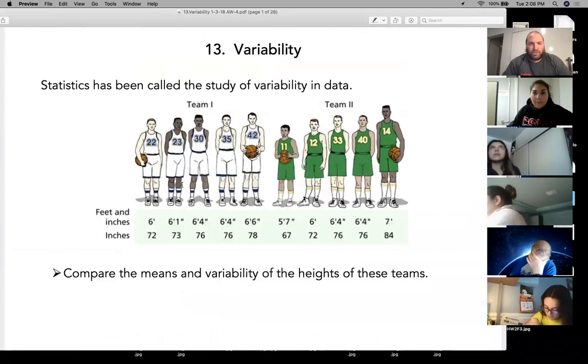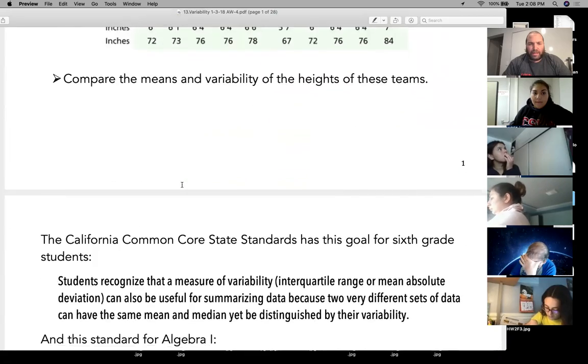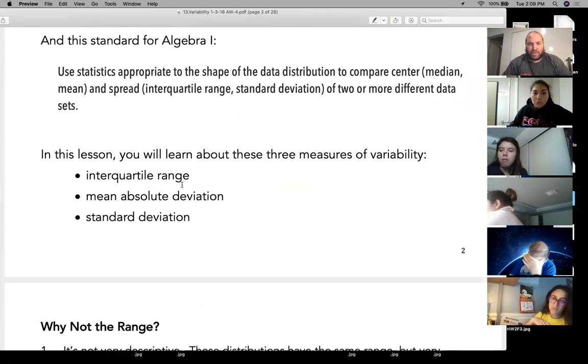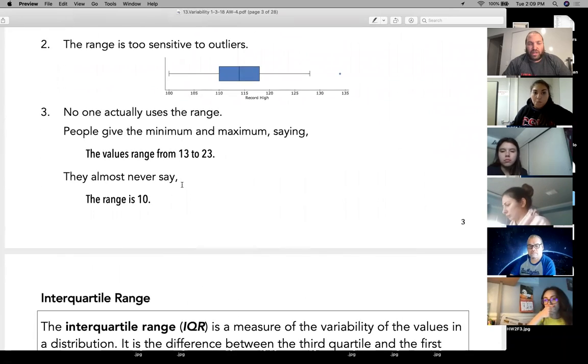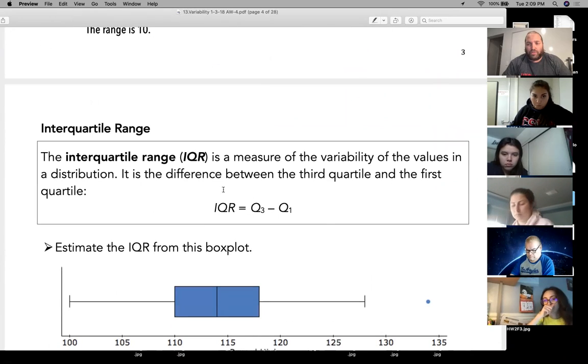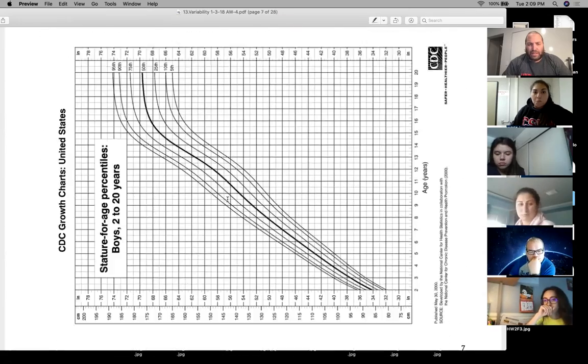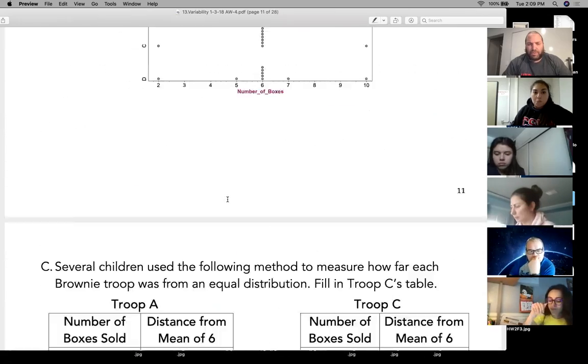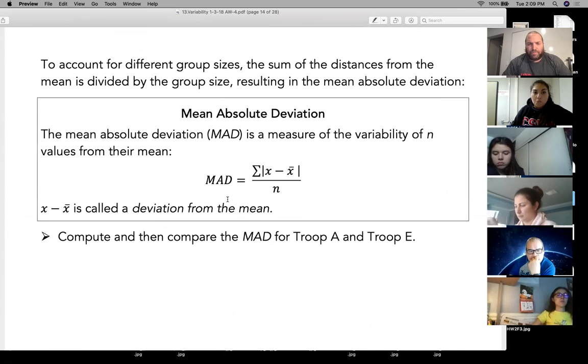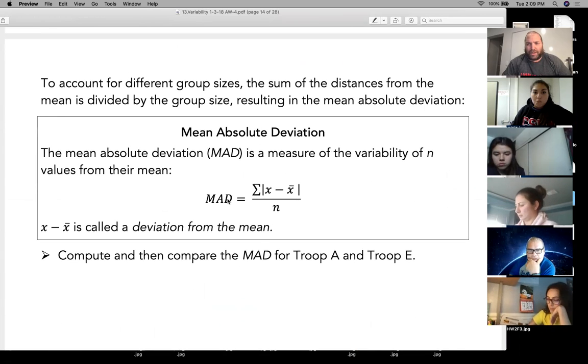So we first started talking about range and then we said range sucks, so let's not do that one. Then we went to the IQR, the interquartile range, which is very important. Then we did the MAD, the mean absolute deviation, which isn't really important in the grand scheme of things.